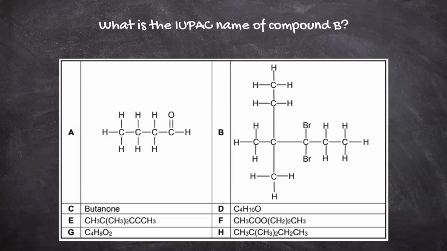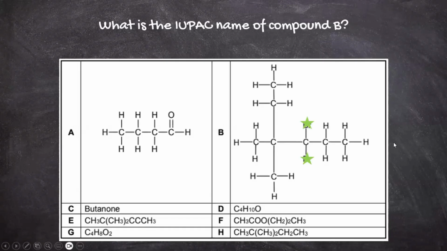So meth, eth, prop, but, pent. They are not going to contribute to that. All right. So these are methyl side chains. Okay. Now, if we have a look at what functional groups we have here, the only functional group are these two bromines. Okay, so this is a haloalkane.